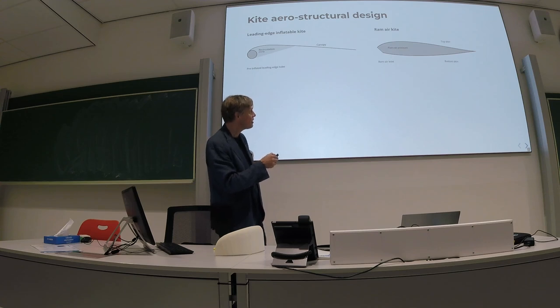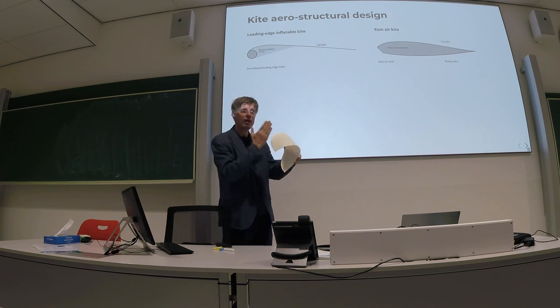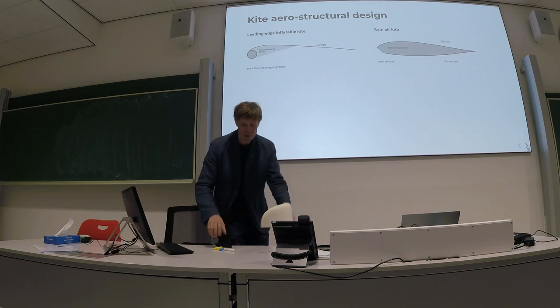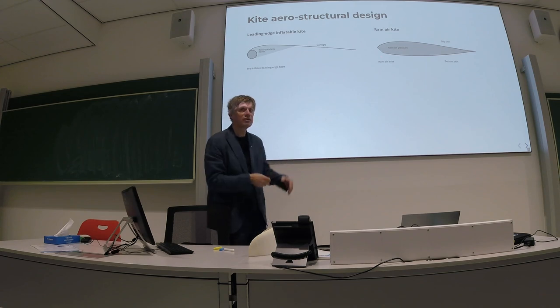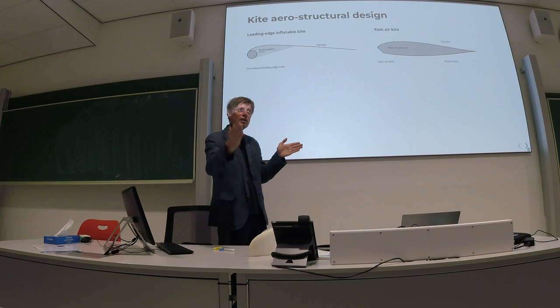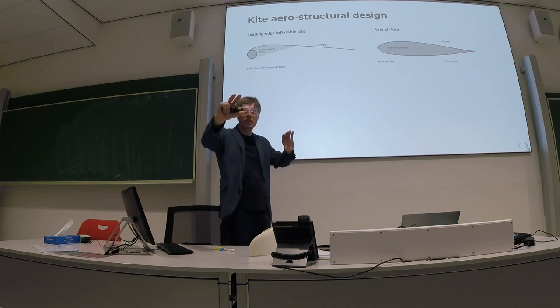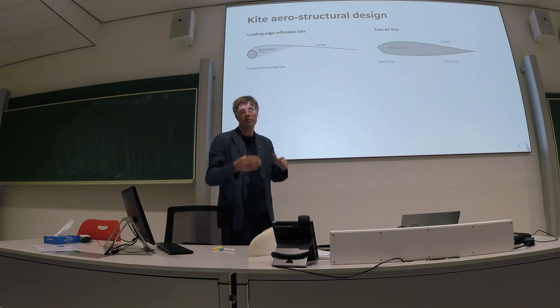The shape of this wing is defined by ribs that define the airfoil shape and keep the two skins, the upper and the lower skin, in shape. Because in between the ribs you have, of course, just the canopy. These kites will balloon very strongly.